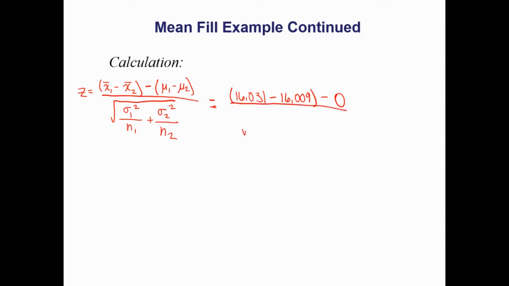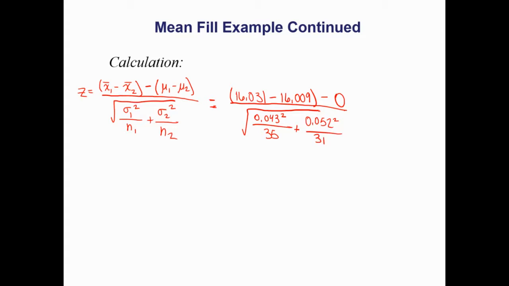Over the standard deviation of machine 1, 0.043 squared, over the sample size of machine 1, 35, it looks like, plus the standard deviation of machine 2 squared over 31.